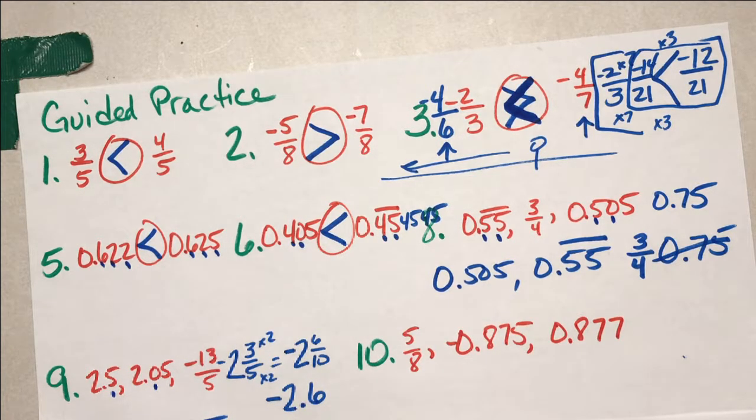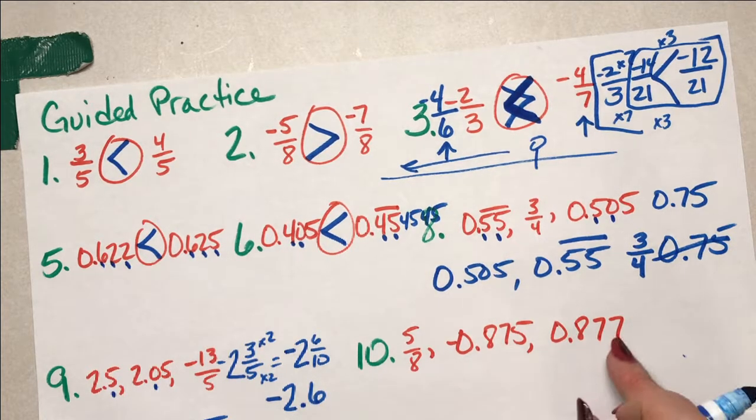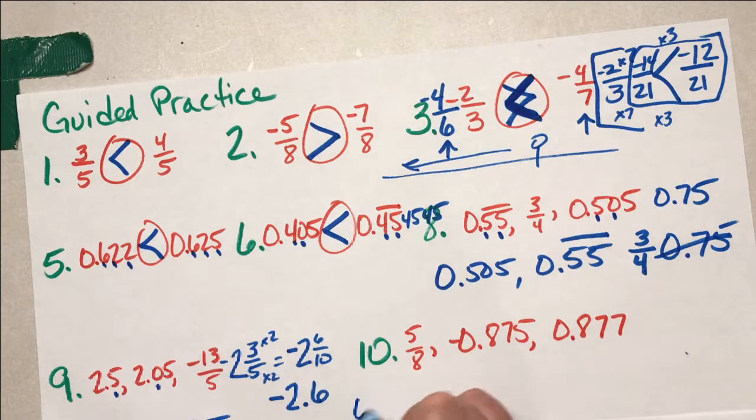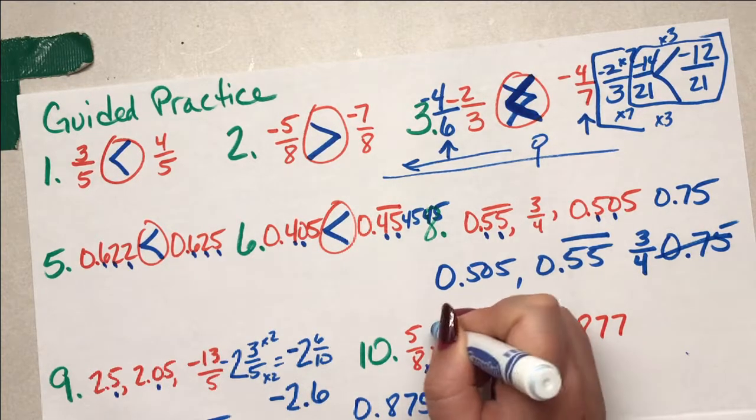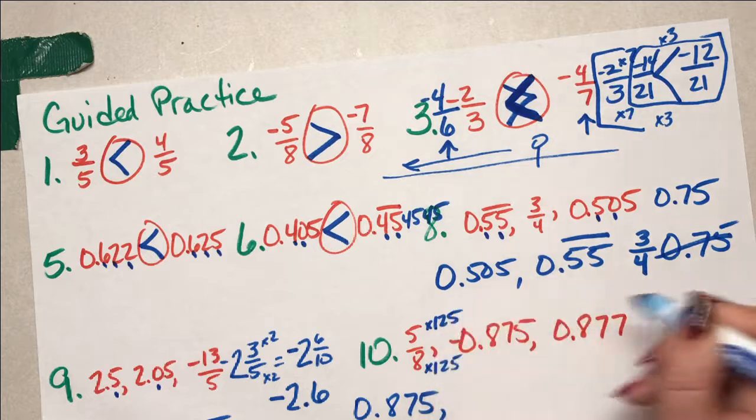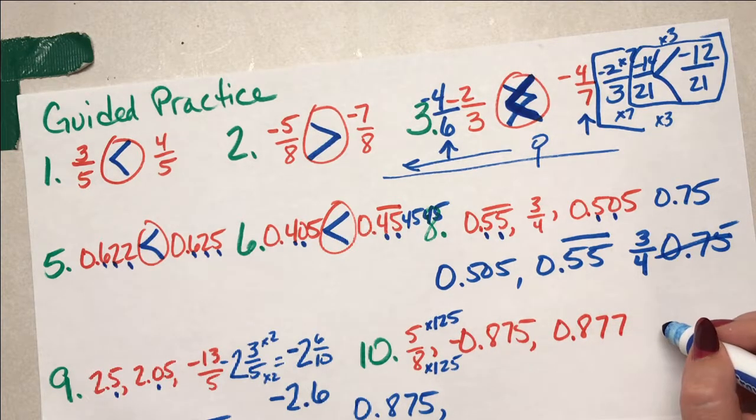Problem number 10. Again, we've got a negative number here, and the other two are positive. This is going first. 0.875. Now I just have to figure out if this one or that one is smaller. And I can do times 125 times 125 to get this into the thousandths.